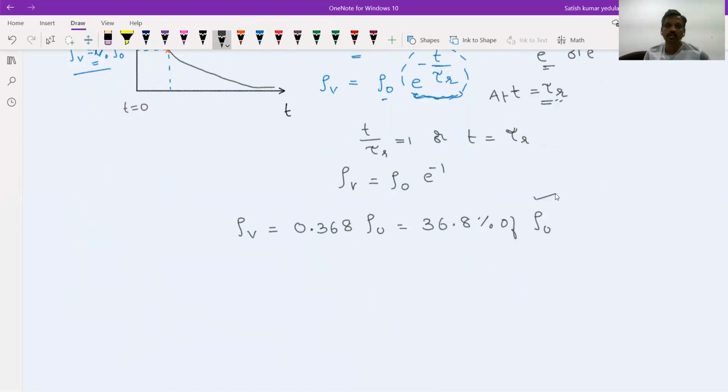Rho naught is the initial volume charge density, and rho v is equal to 36.8 percentage of rho naught at time t equal to tau r. At this particular time, the total volume charge density has decayed to 36.8 percentage of its initial volume charge density, and that time we call the relaxation time.